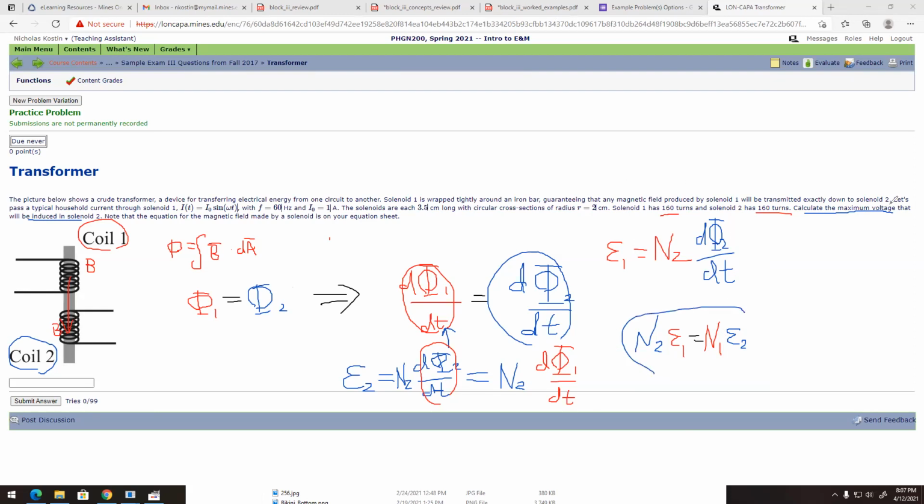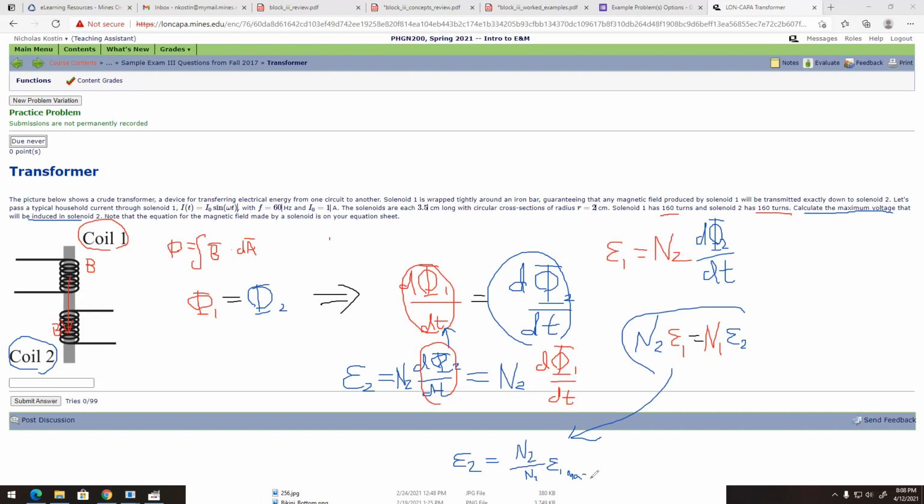And now I can actually go to solving the problem. It says calculate the maximum voltage that will be induced in solenoid 2. So using this equation for transformers, the maximum voltage in solenoid 2 is just going to be N2 divided by N1 times the maximum induced voltage in solenoid 1.